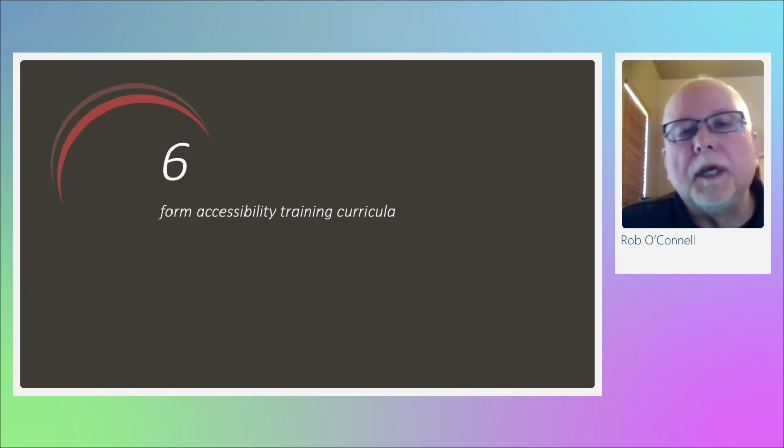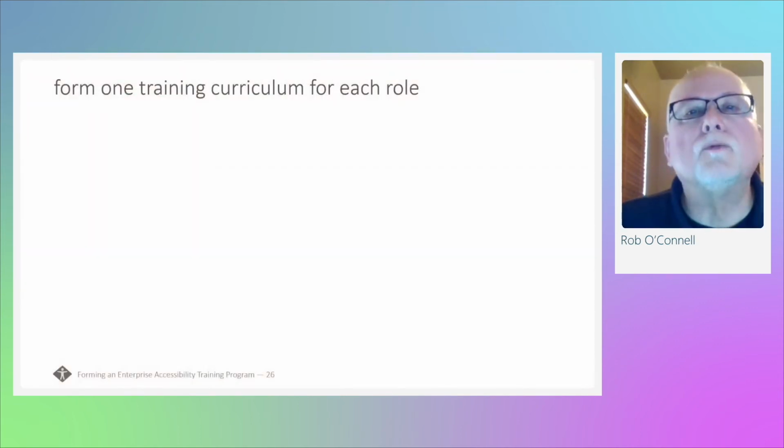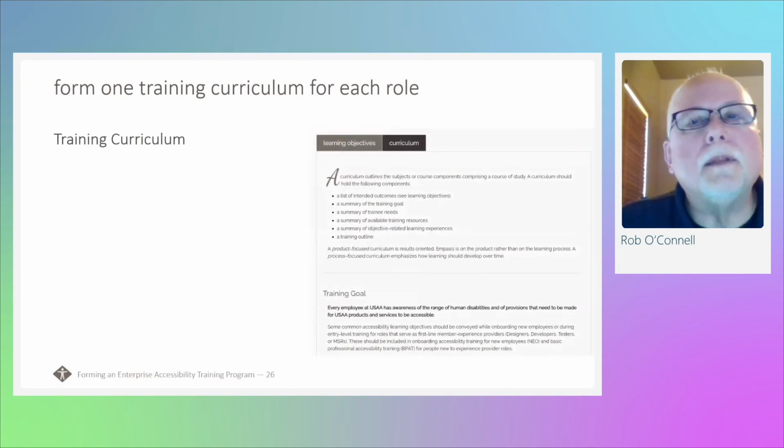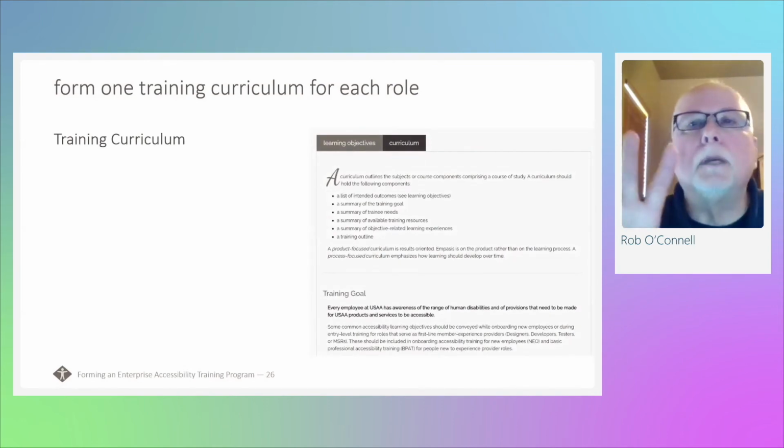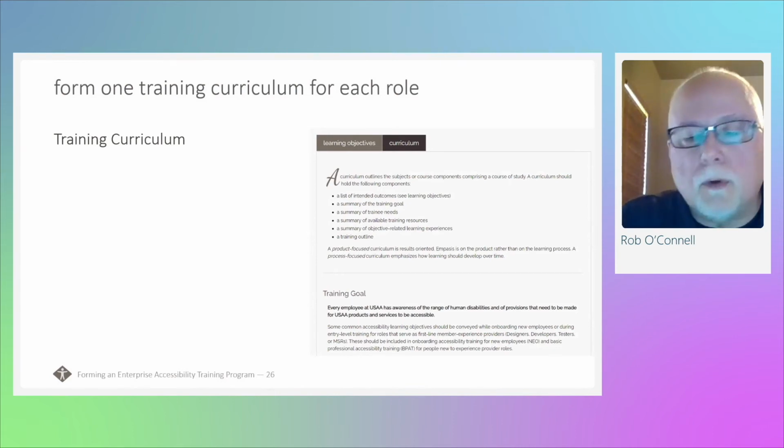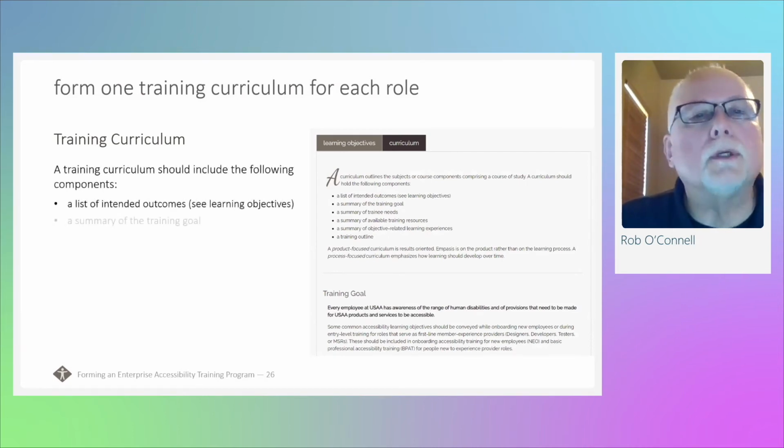Milestone 6 is to form an accessibility training curriculum for each of the specialized roles. And that would mean that accompanying the learning objectives would have to be an outline that structures what it is about those learning objectives that need to be taught, and in what contexts and what materials could be used.